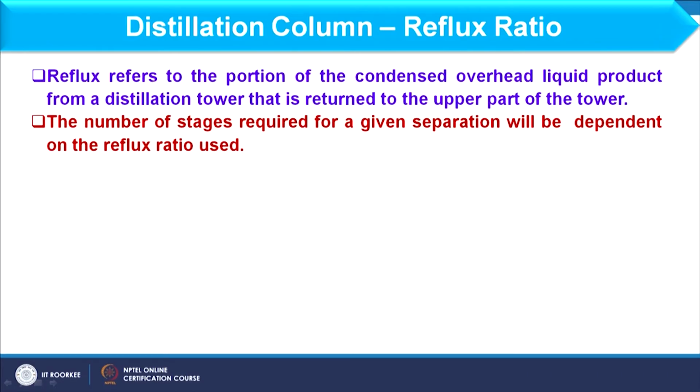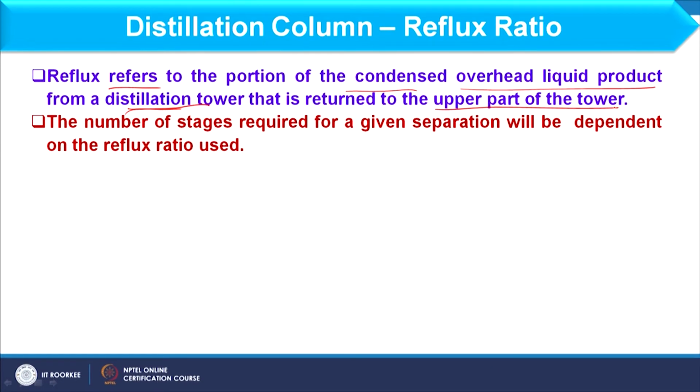As you know, reflux is required to maintain sufficient liquid in the distillation column, but what reflux ratio should we consider? This point we have already discussed: reflux refers to the portion of the condensed overhead liquid product which is returned to the distillation column at the upper part of the column.